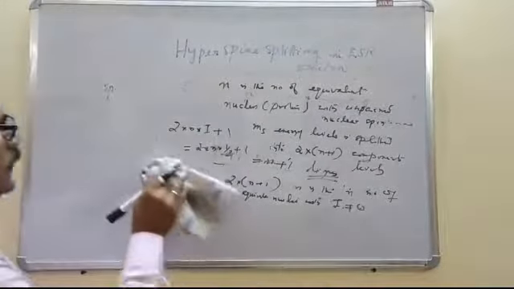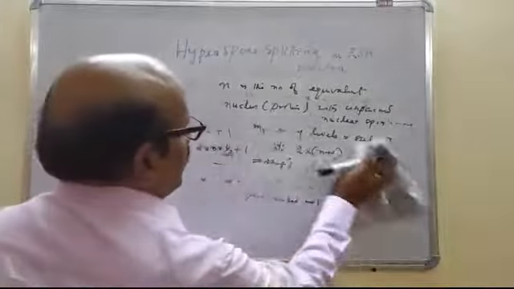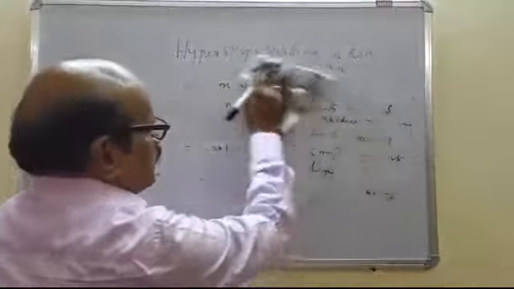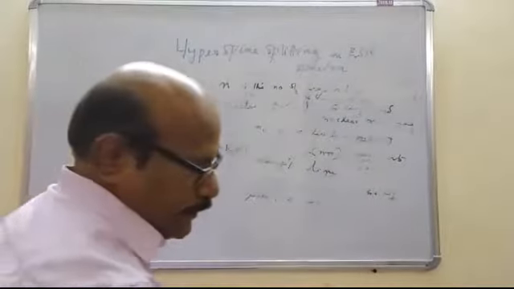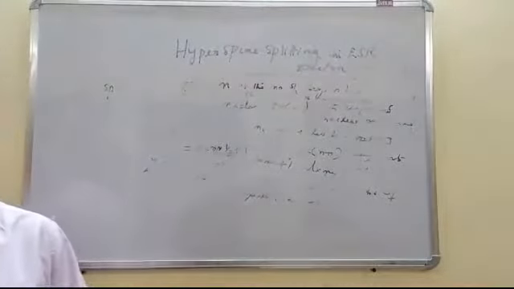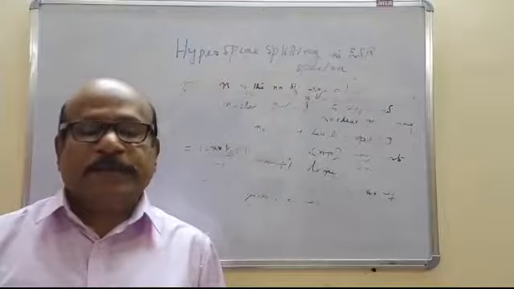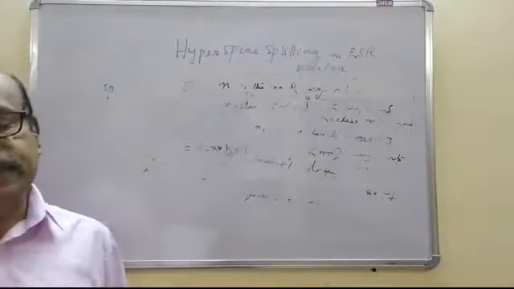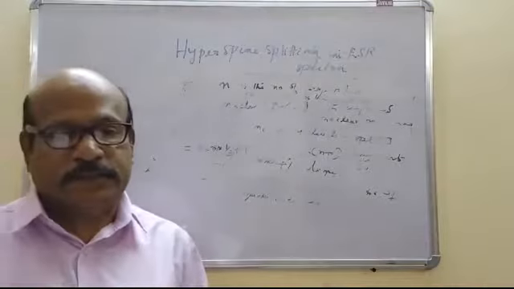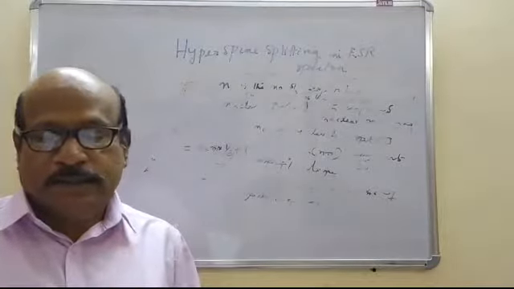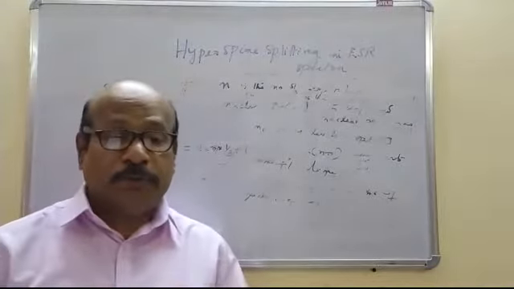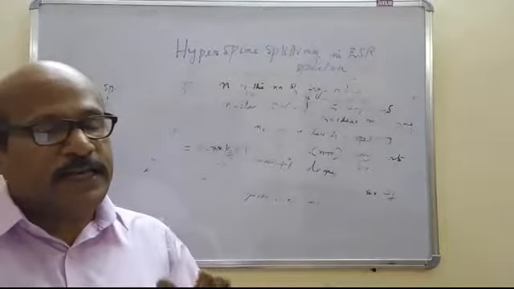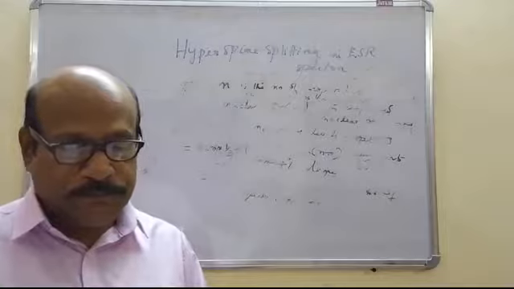So come to again, what is hyperfine splitting? In the case of a molecular species containing an unpaired electron, the spin angular momentum S of the electron can interact with the spin magnetic moments of the neighboring nuclei with I not equal to 0.